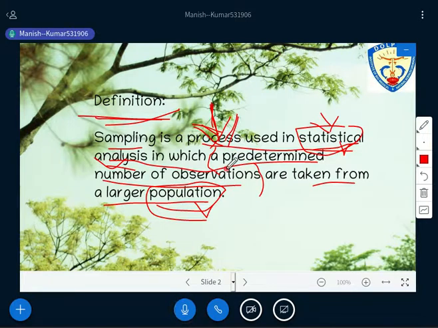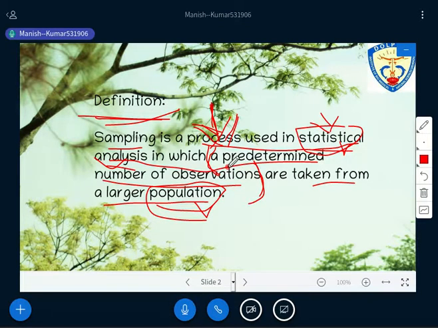Now, in which predetermined number of observations. You just look at that, the term is a bit long, two or three words, but the simple meaning of this predetermined number of observations is sample, right? We can use a simple term, sample, for all these predetermined number of observations.